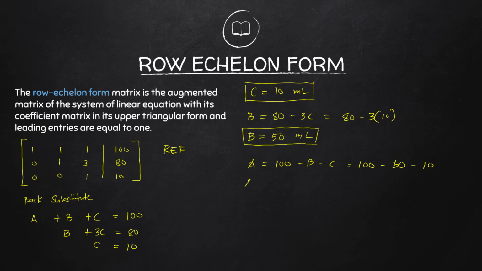We have arrived with your value of A: 100 minus 50 is 50, minus 10 is 40. So A is equal to 40 ml. That is how you use the Gaussian elimination to solve for the values of the variables in a system of linear equations.